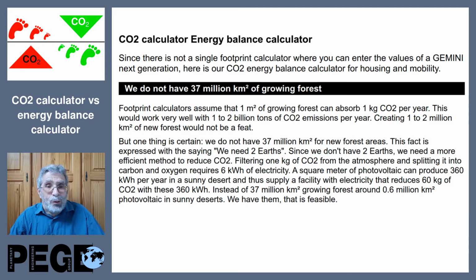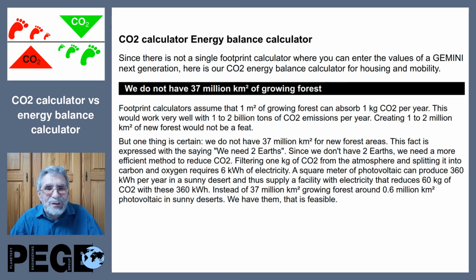Great. We need only 37 million square kilometers of growing forest to reduce our CO2 problem to 0. Yeah? This is a big number, and we don't have these 37 million square kilometers for growing wood. But luckily, we have photovoltaic.